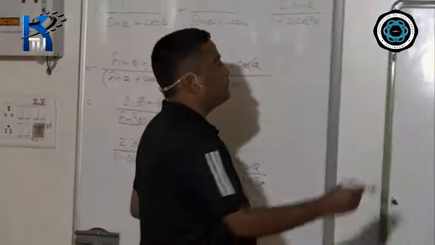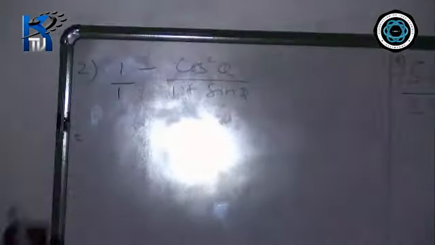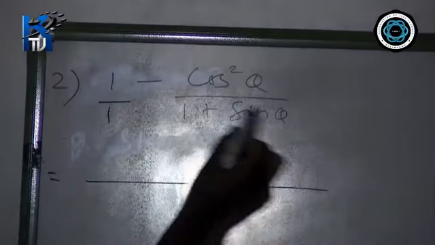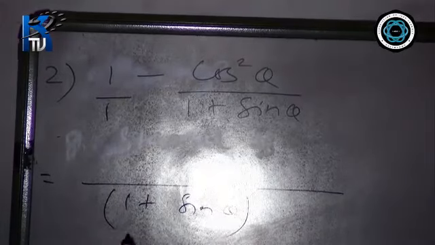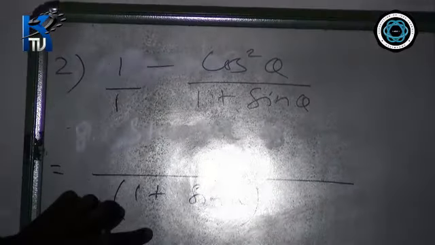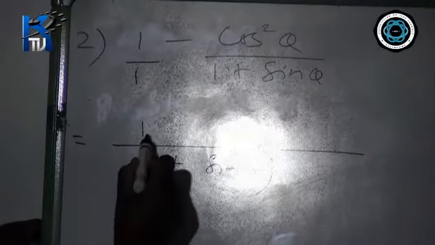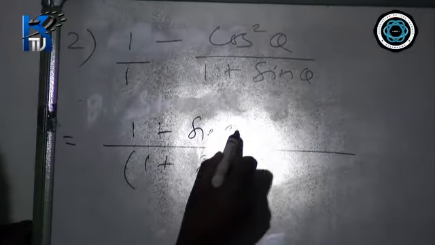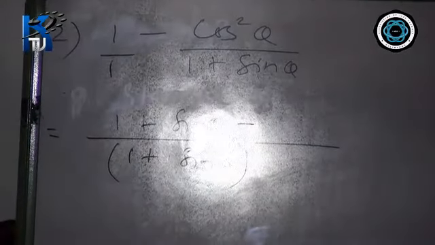Now next question. Similarly, you have to take out LCM. Okay. Now denominator you can write as 1. Then what is the LCM? Again LCM is 1 plus sin theta. Now 1 into 1 plus sin theta is 1 plus sin theta only. So 1 plus sin theta into 1 is 1 plus sin theta, minus (1 plus sin theta), 1 plus sin theta will get cancelled.